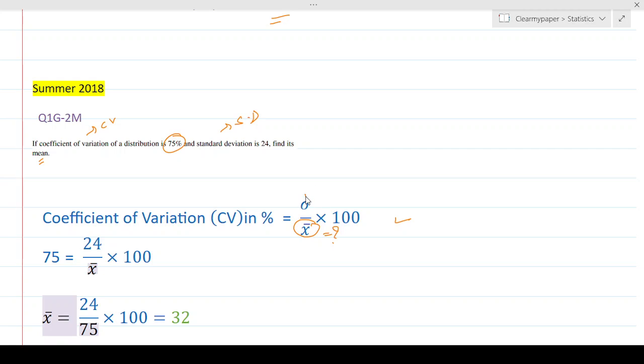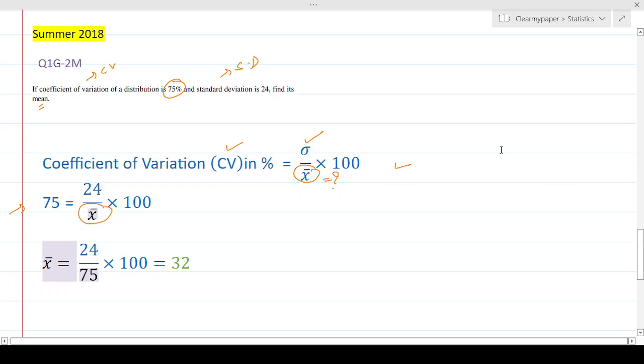You put the numbers in the formula and just cross multiply. When you cross multiply and take X bar on one side, the 75 goes into the denominator, and you get the answer as 32. There is no unit to that, because we don't know whether it's marks or an age. Since the percentage is already given, you can just write mean is equal to 32 units.